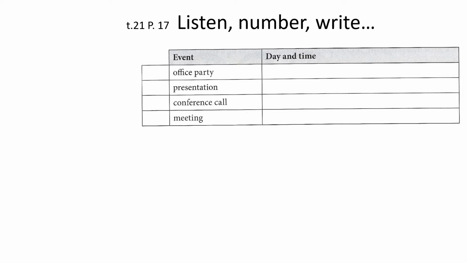Hi, Jim. What time's the sales meeting Tuesday? It's in the morning at 10 o'clock. Okay, thanks. 4. Is the conference call Tuesday morning? No, it's Wednesday morning. What time? Let me check. 11:15. Thanks a lot.